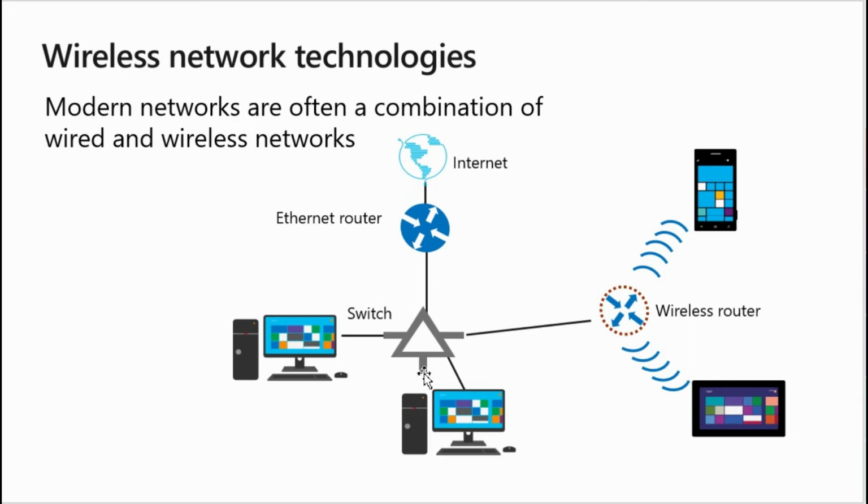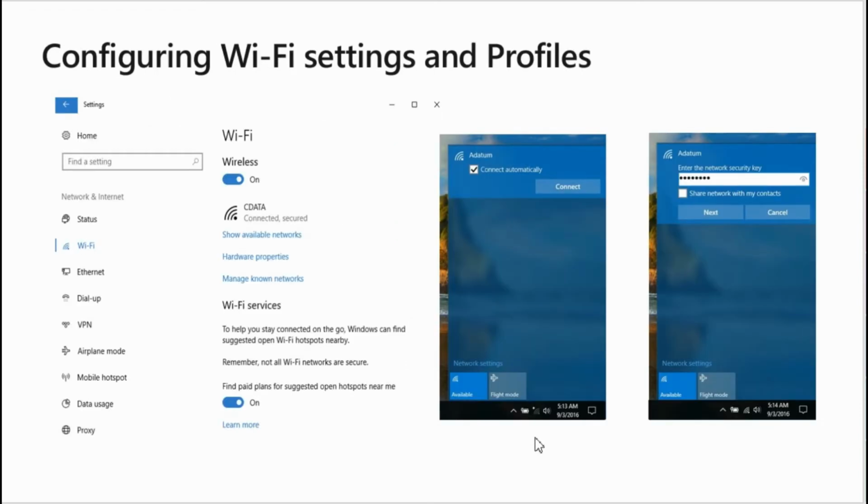Every network these days has a wireless device. In Windows 10 computers, we can go to Settings, Network and Internet, and check the Wi-Fi connection, whether it is on or off. If it is off, we need to turn it on. Then we can get the network information and put in the password. That's how we can log into that network.